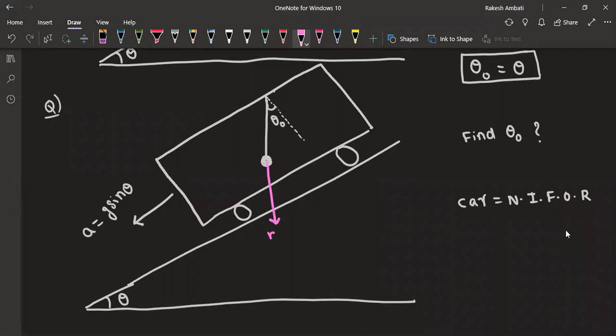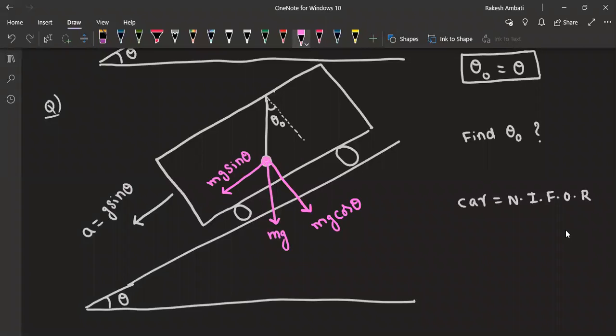So weight mg acts vertically downwards, and its components are mg cos theta and mg sin theta, like the previous question.